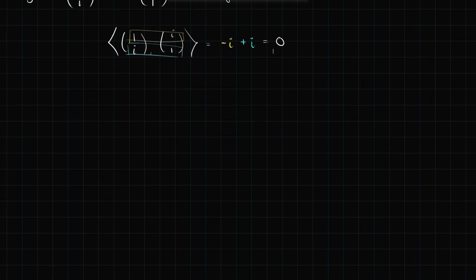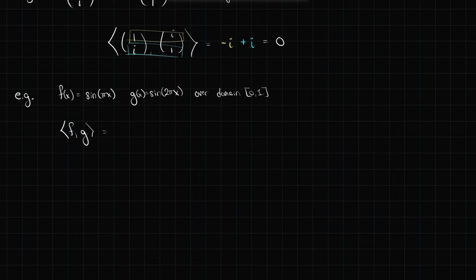It turns out functions can also be orthogonal. We can look at f(x) being sine pi x, and g(x) being sine 2 pi x, over the domain 0 to 1. By testing, the inner product of f against g is going to be the integral from 0 to 1 of sine pi x against sine 2 pi x dx.